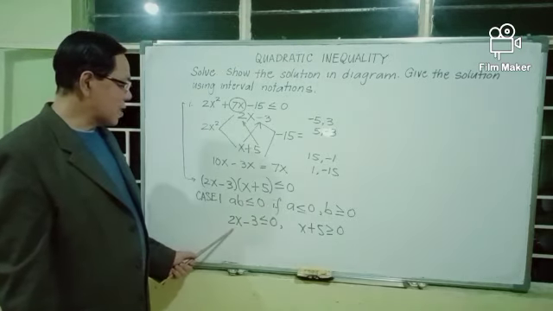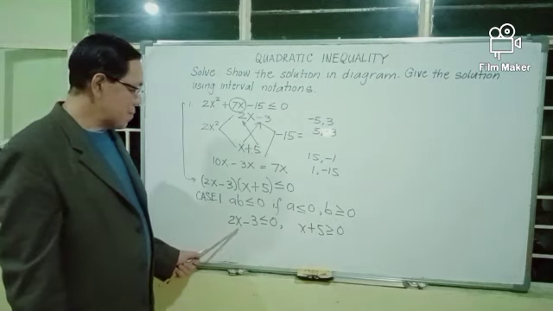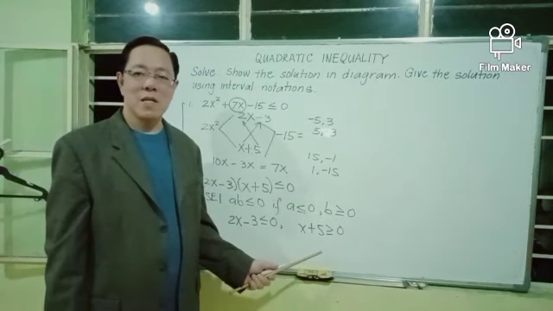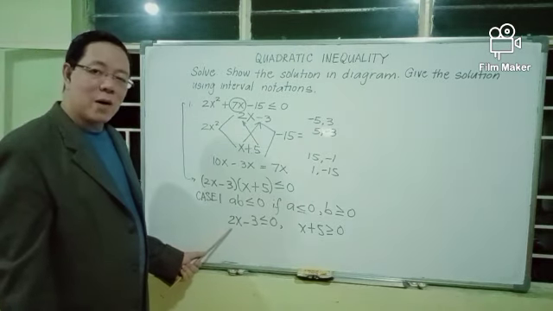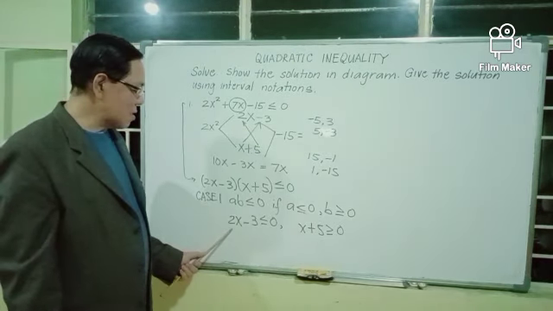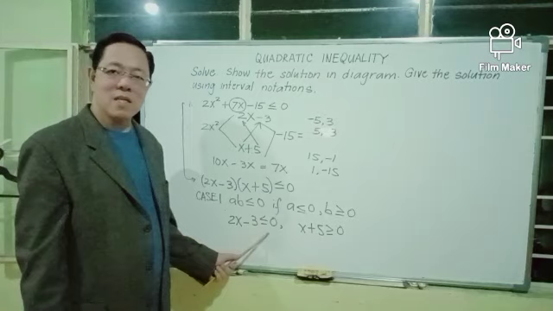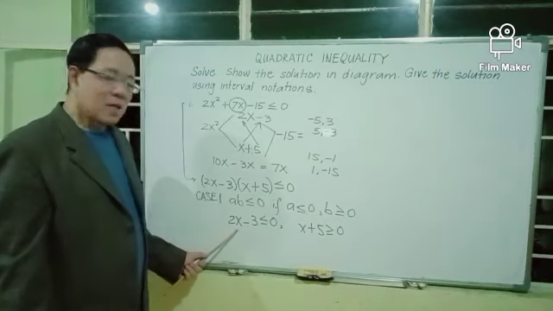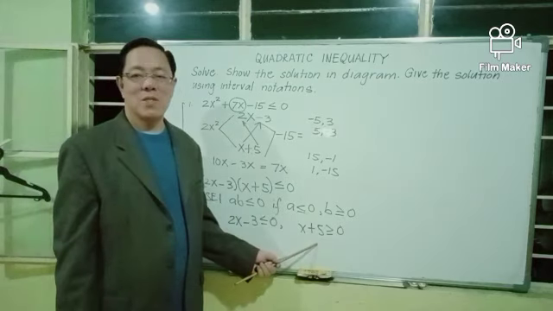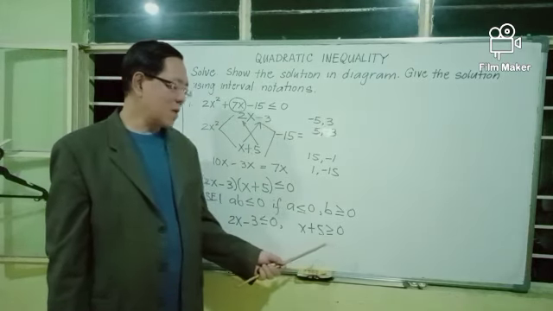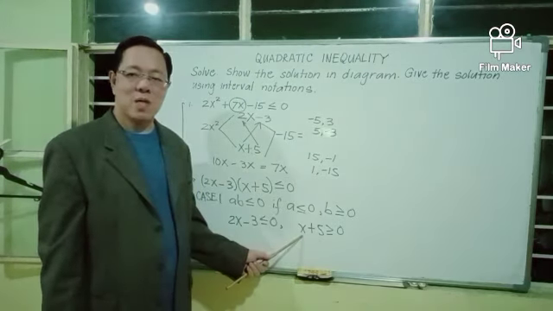The next step is we solve each of these linear inequalities. It is now a linear inequality because 2x minus 3 has exponent of x equal to 1, and x plus 5 is also a linear inequality because the exponent of x here is 1.